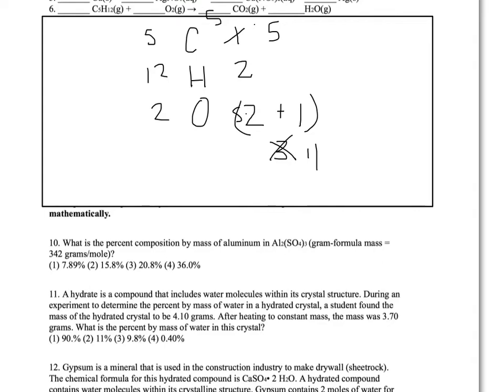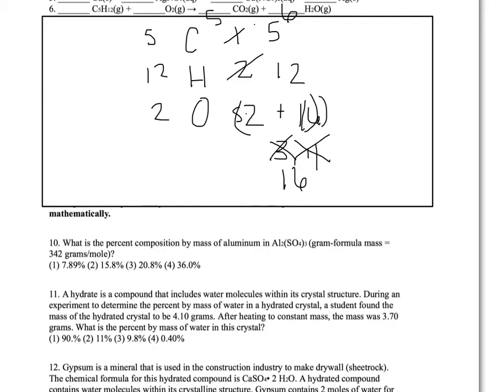Now, the next thing we should balance are the hydrogens. So to balance the hydrogens, we'll place a 6 in front of the water. That will create 12 hydrogens. And now we also have 6 oxygens. So 10 plus 6 is now our new total of oxygens, which is 16.